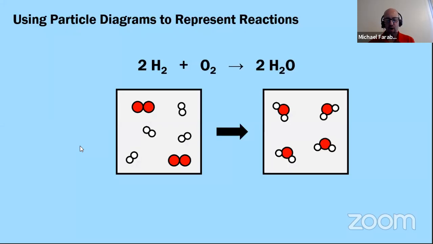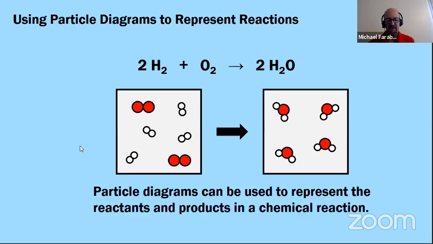So I have 4 water molecules in the box on the right, and I have 4 hydrogen molecules in the box on the left, and 2 molecules of oxygen in that same box. So particle diagrams can be used to represent the reactants and the products in a chemical reaction. You can see that there is a 2-to-1 ratio between the molecules, just like there is in the coefficients in the balanced equation. So on the left, we have 4 molecules of hydrogen for every 2 molecules of oxygen.